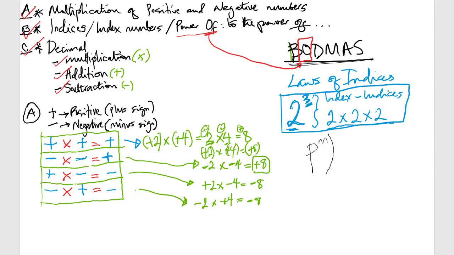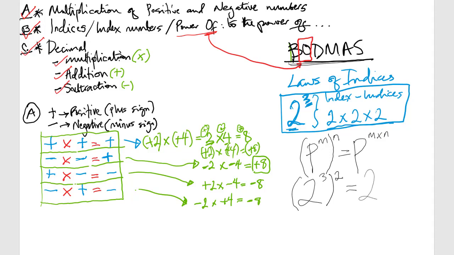Then you now have, in brackets, N. To solve this problem, the law of indices says that you need to do M times N.